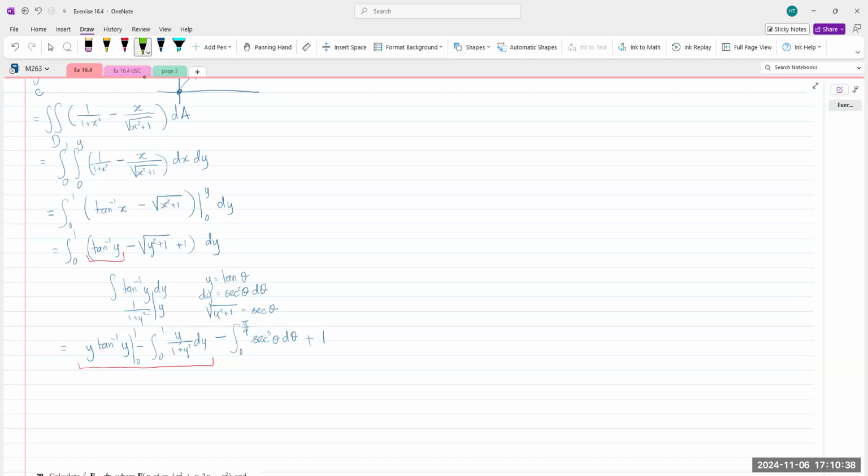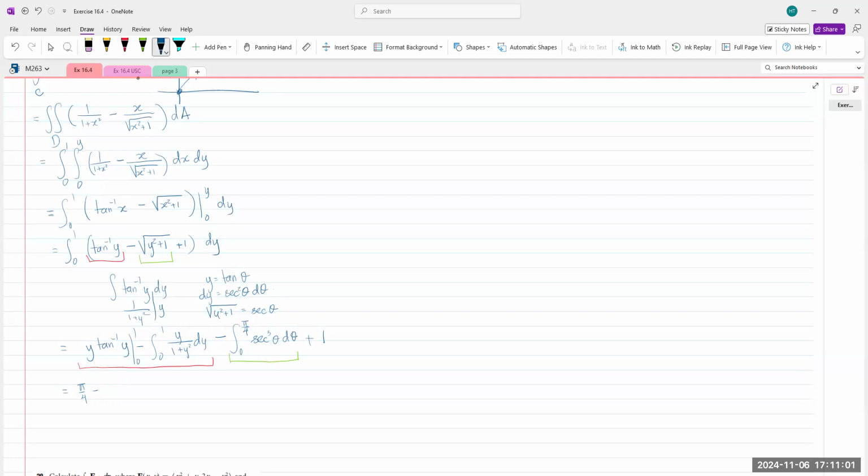Let me say that this guy here gives us this. The first one is 1 times tangent inverse 1, which is pi over 4, minus the integral for this, which is natural log of 2. Let me slow down a little bit.